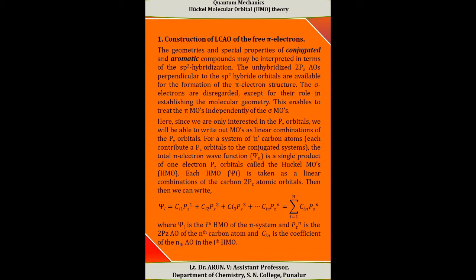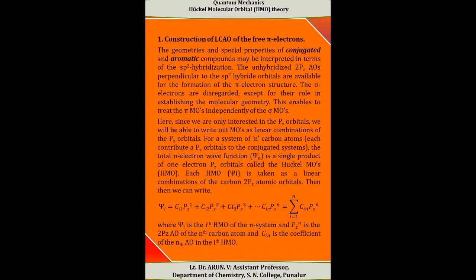Here, since we are only interested in the pz orbitals, we will be able to write out the molecular orbitals as a linear combination of the pz atomic orbitals for a system of n carbon atoms, each contributing a pz orbital to the conjugated system. The total pi electron wave function psi pi is a single product of one-electron pz orbitals, which are called Huckel molecular orbitals.